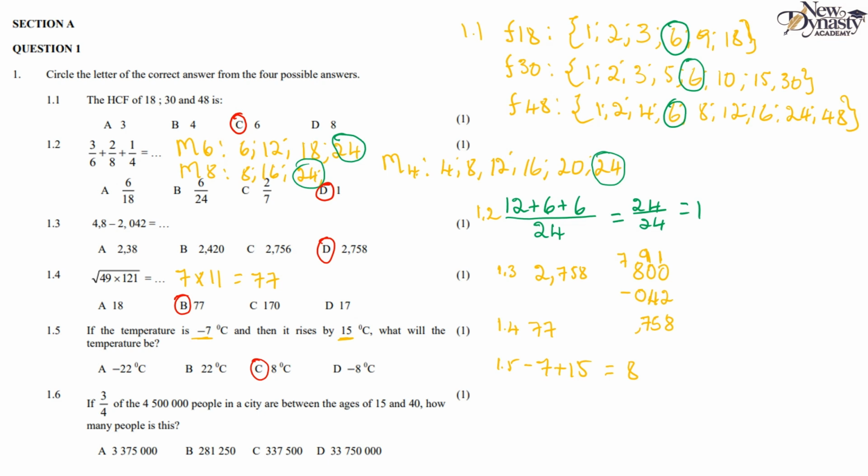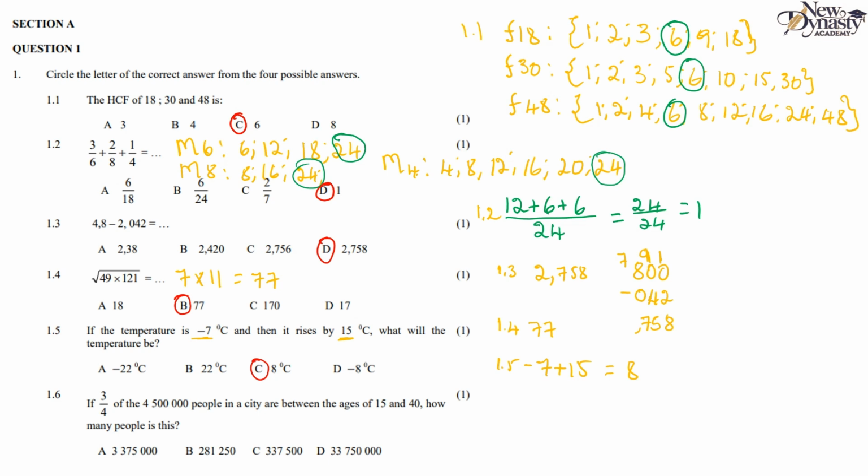Question 1.6. If 3/4 of the number of people in the city is 4,500,000 and they are between the ages of 15 and 40, how many people is this? Now it's a fraction. Remember, it's 3 over 4 of, and "of" in this case means multiply. You can just use a calculator.